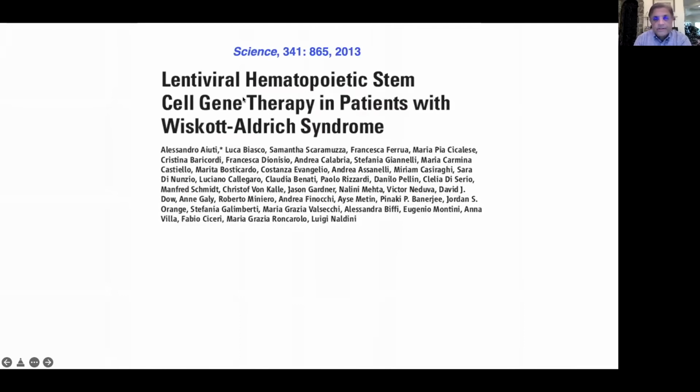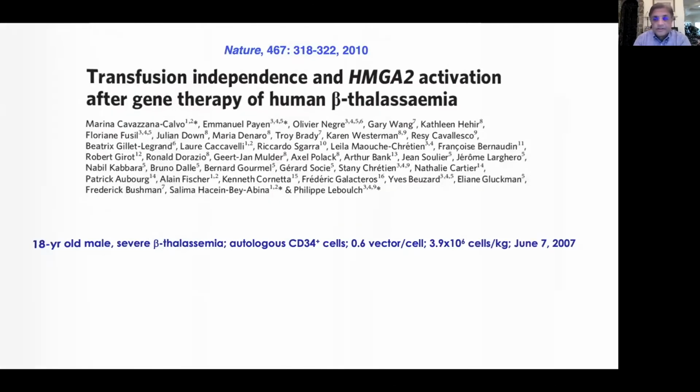And in Wiskott-Aldrich syndrome, which I mentioned before, 7 out of 10 patients developed leukemia, whereas in this case, Luigi Naldini and colleagues in Italy showed that 3 patients were disease-free for up to 32 months. So it looked like lentiviral vectors may be a safer alternative.